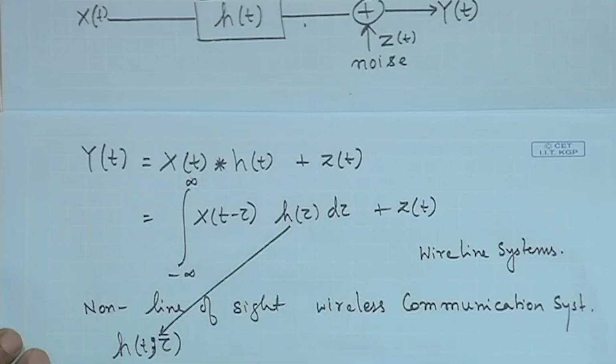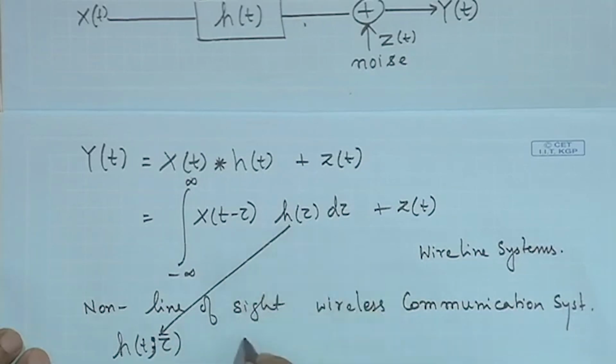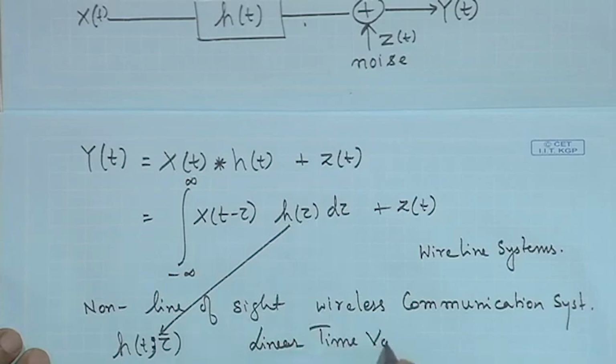What it means is that this model will be linear, but it will be time variant. These systems we will not study in this course, but they are important to know because you will be using them in any course on wireless communications.